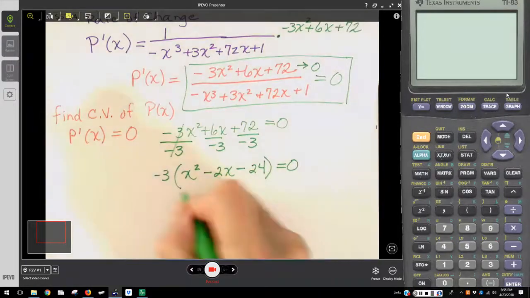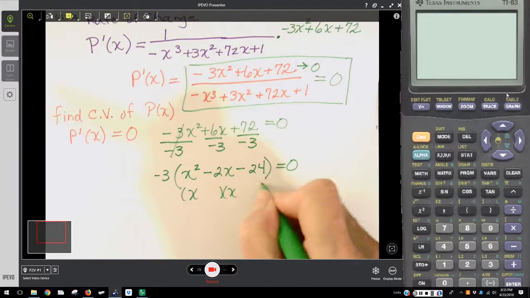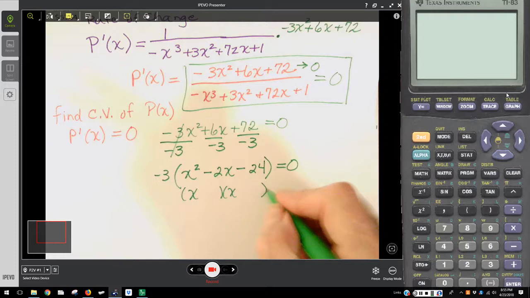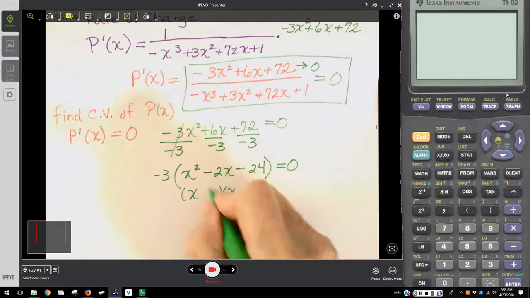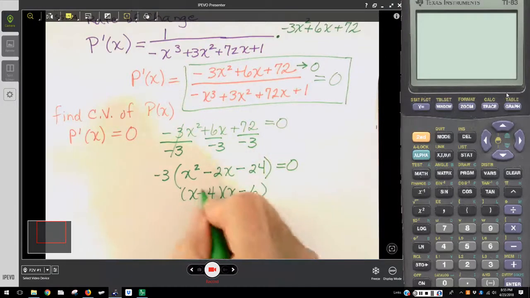And that does, in fact, factor. We need factors of 24 that will add up and give us negative 2. And those factors are 6 and 4. And it'll be a negative 2 if x is minus 6 and plus 4.